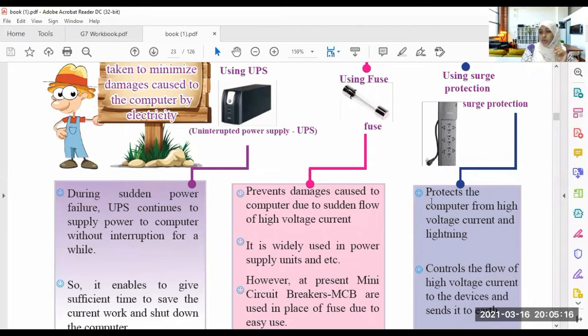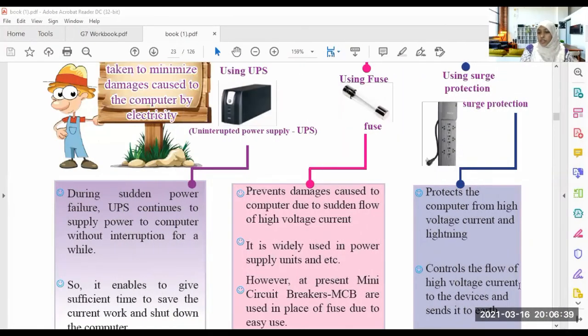So here you should know that when we connect this surge protection to the wall plug, and we connect the computer to this surge protection, the electricity is divided here. It gives the needed electricity only. It divides the electricity and sends it to the device, right?